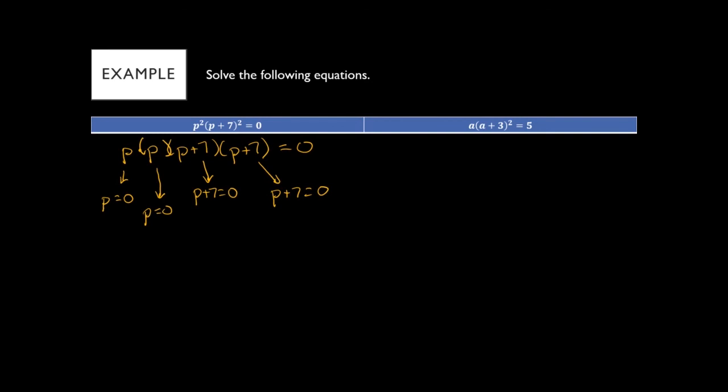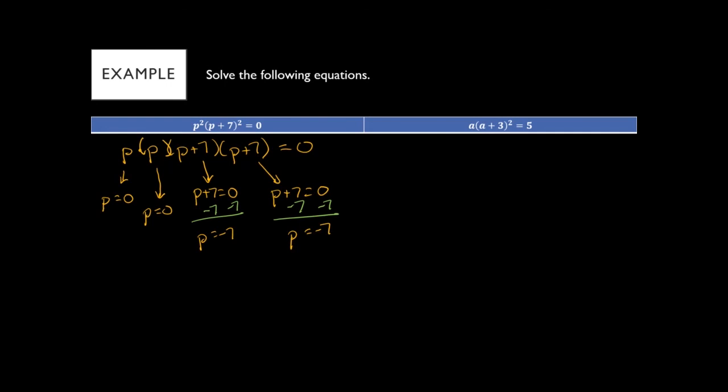You're going to see that we get repeated solutions, because we already have two solutions that are 0. And when I solve p plus 7 equal to 0, both of these are identical equations, this gives me p equals -7. And so we get -7 twice.